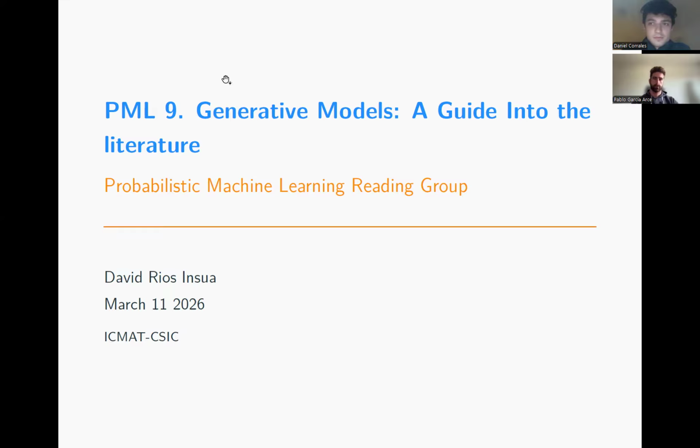Can you hear and watch the slides? Okay. So we are changing gears with this session for, I believe, the next 4 sessions. Basically, we've been going through various computational methods to handle posteriors in complex models.